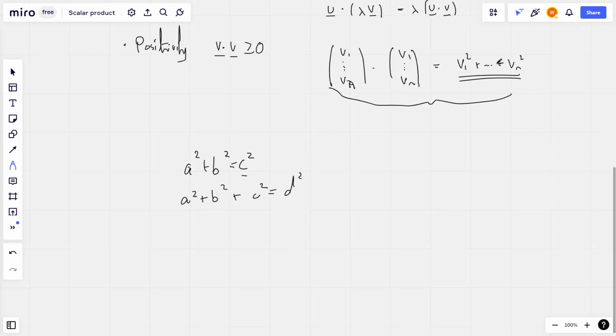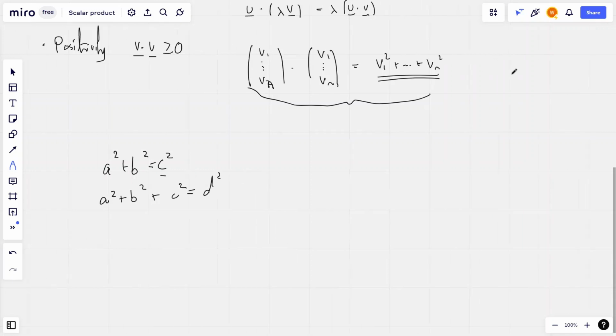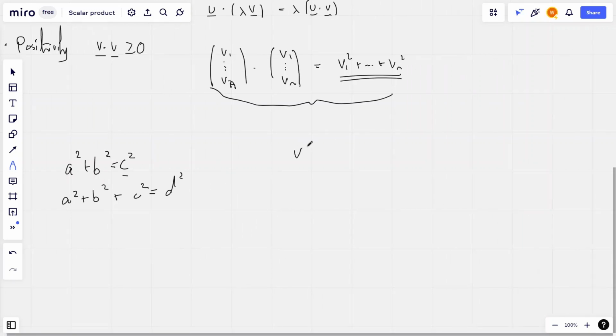So actually, if we have n dimensions, the distance from the origin, where we define the 0 vector as the origin of our Rn space, is equal to the magnitude of our vector, and so we have that the square root of v dot v is equal to the magnitude of our vector.